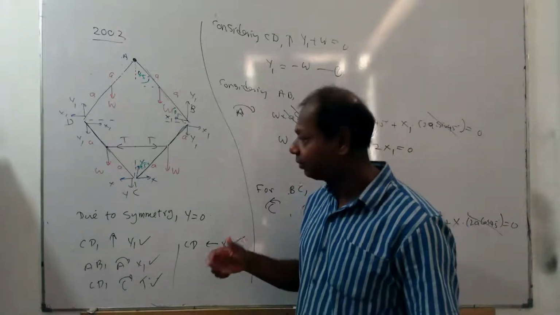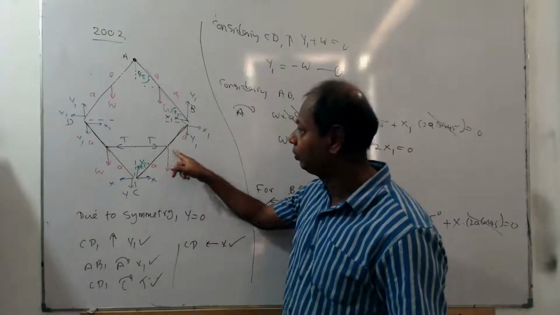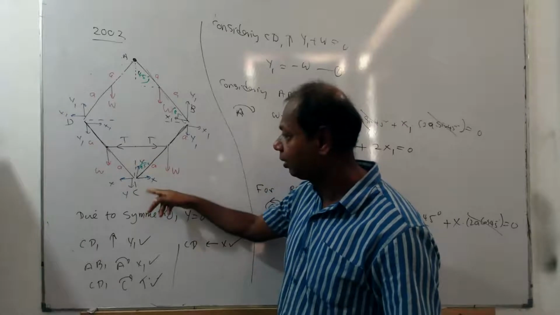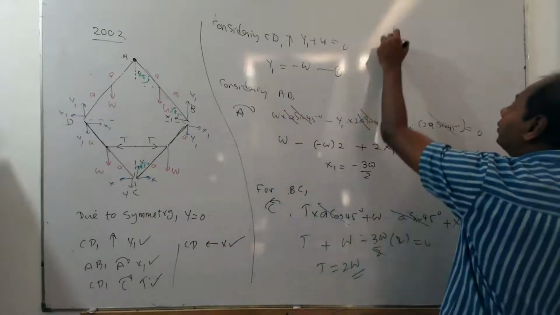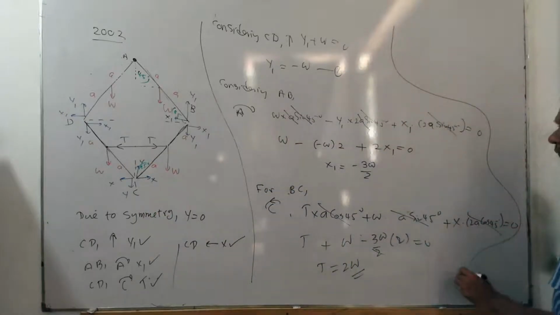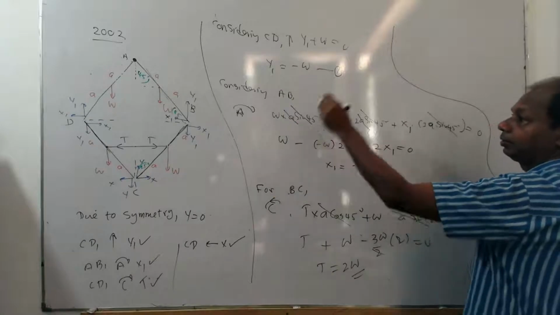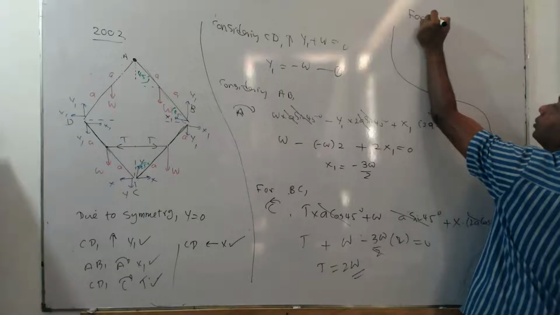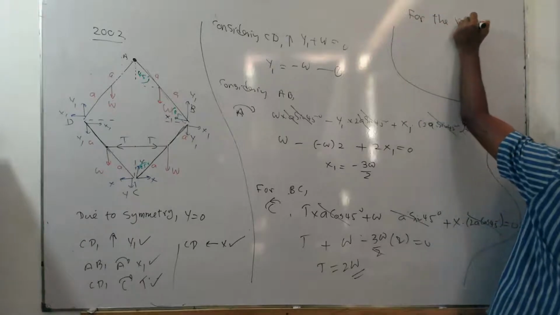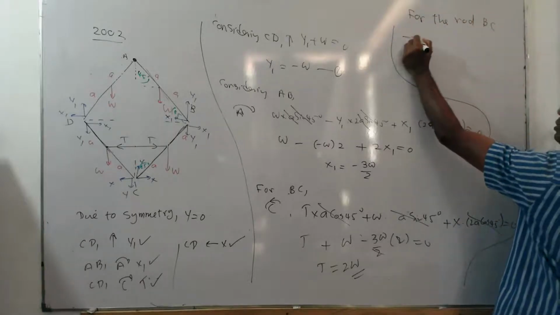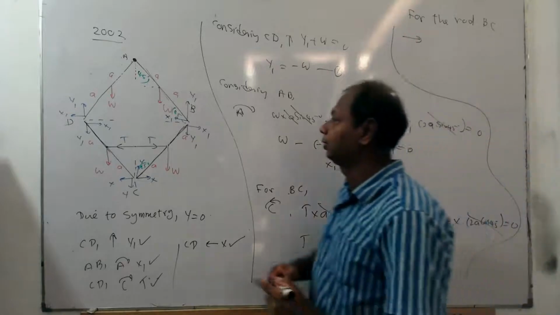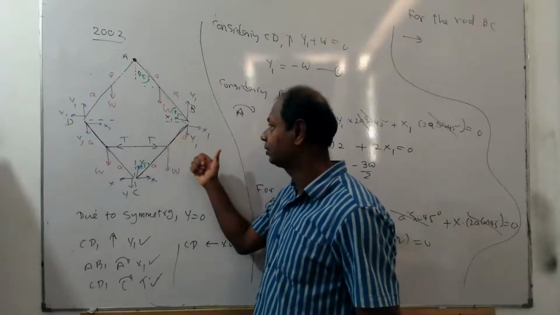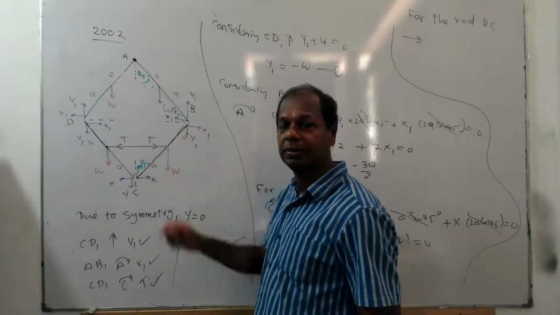You have to find T first, then this capital X. Once you know T, for the rod BC you can resolve horizontally and find X. If you resolve horizontally, x1 plus T plus X equals 0, all in this direction.